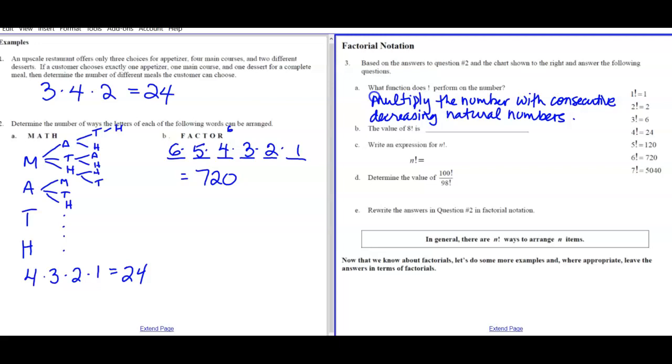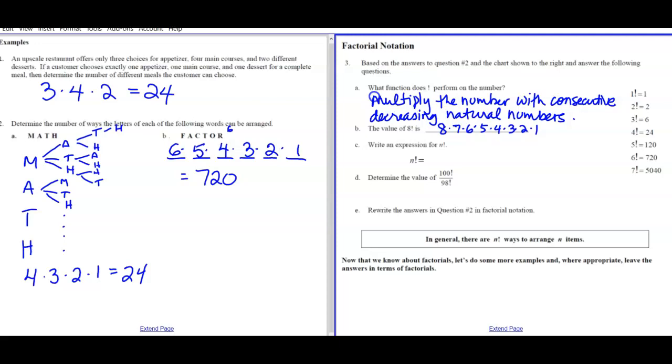Or you can say all the natural numbers less than, right? Because the natural is going to be natural numbers. So the value of 8 factorial, well, first of all, if you did it the long way, it's going to look like that, right?